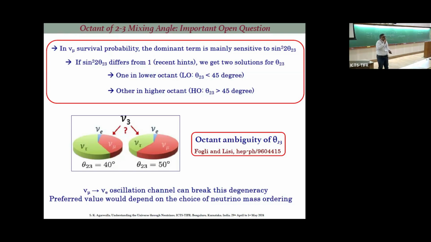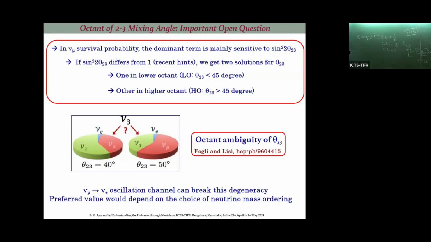First, you need to convince yourself that theta 2,3 is deviated from maximal mixing. So the first phenomenology that you do is called deviation from maximal mixing.